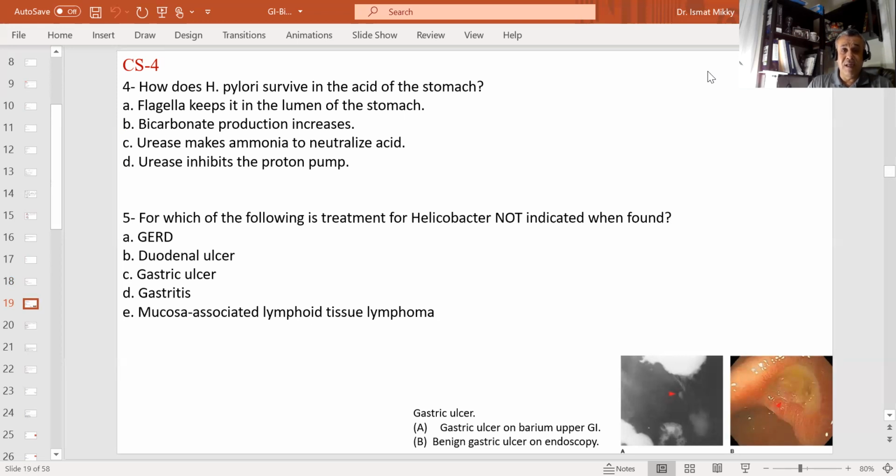The ammonia, which is NH3, binds with the acid, which is H+, and turns into ammonium, which is NH4. And this is how acid is neutralized. That's the fundamental basic concept about ulcers and how ulcers develop. So Helicobacter pylori neutralizes acid with ammonia.